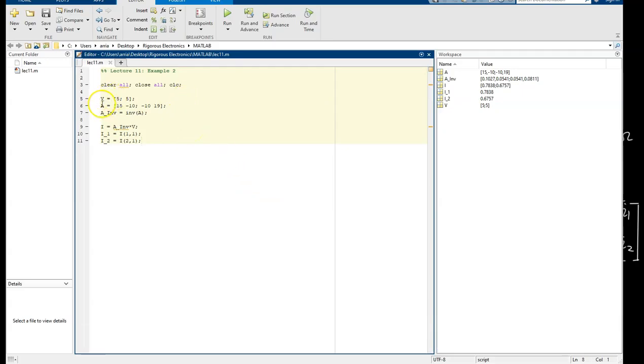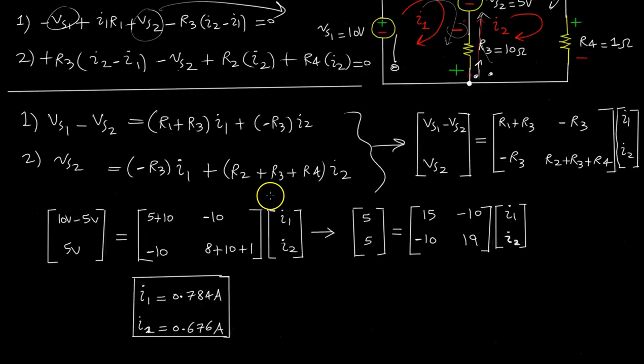You basically input V and A and then find the inverse of A, which is the coefficient matrix. Then we multiply the inverse by the voltage vector, and I'm declaring the first current and the second current here. And what you can see is that the values are 0.783 and 0.675. And I've rounded those up to the third decimal place.